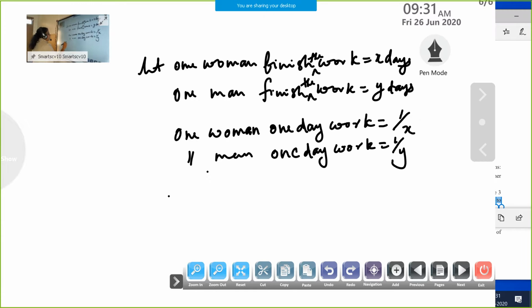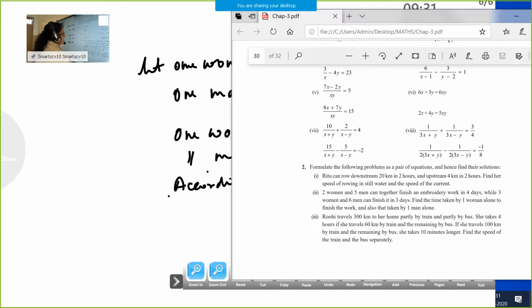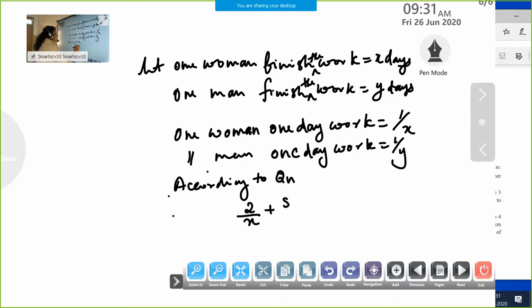According to our question, that is 2 by x plus 5 by y is equal to 1 by 4.